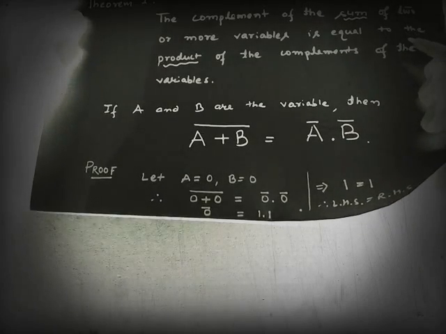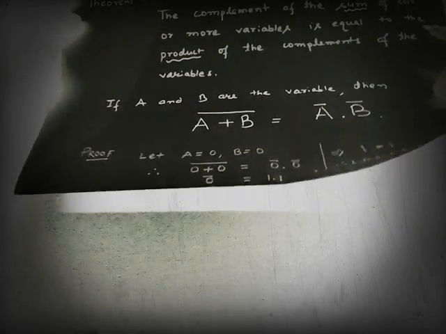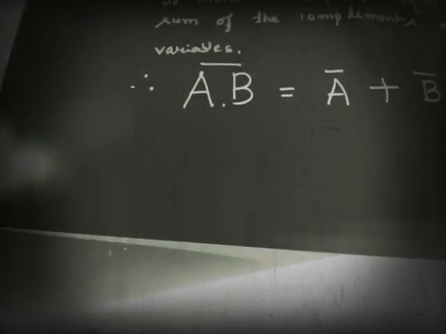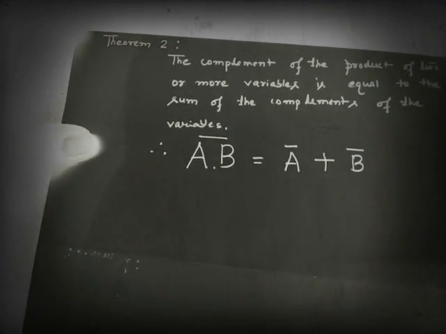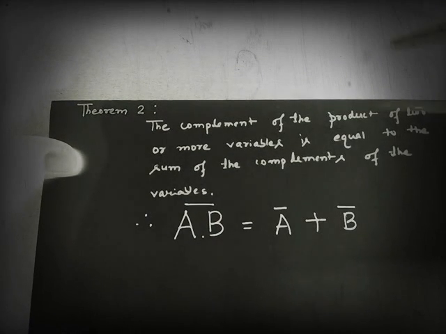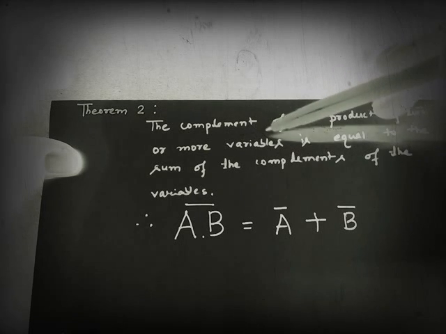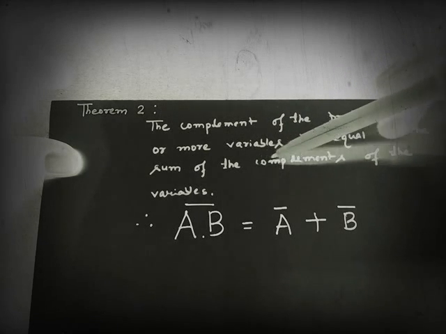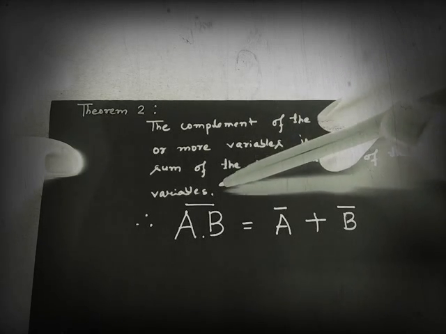Next I am going to tell you theorem 2. Theorem 2 states that the complement of the product of two or more variables is equal to the sum of the complements of the variables.